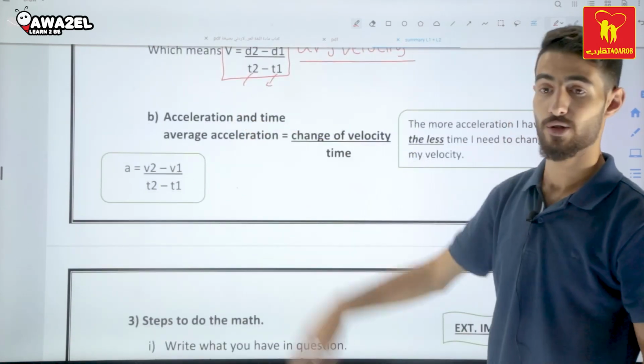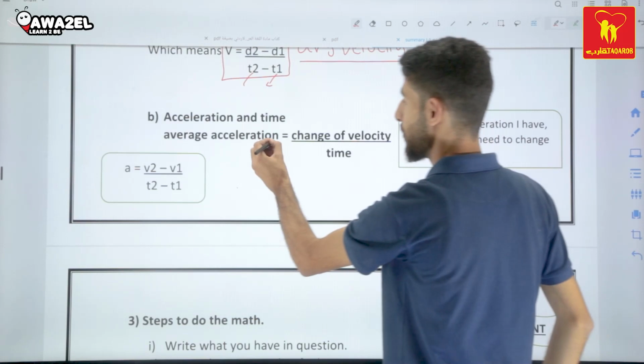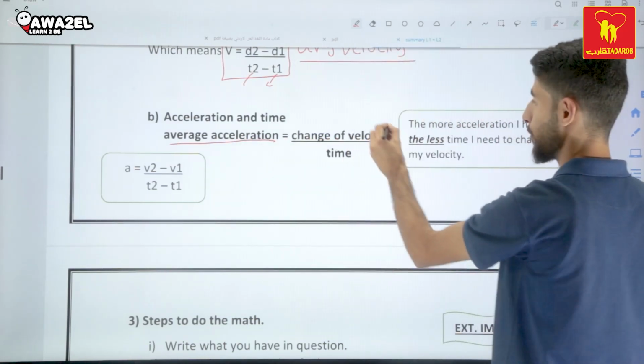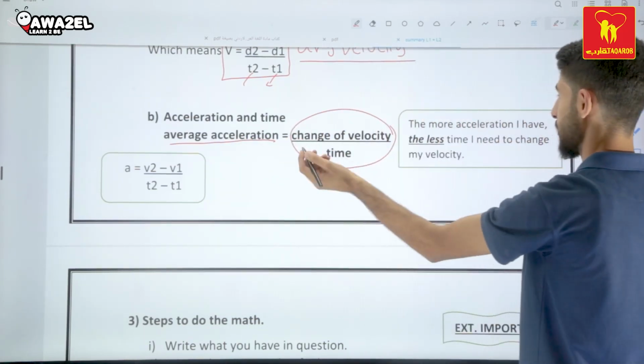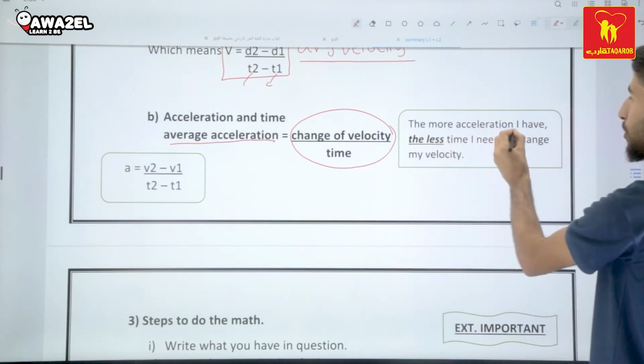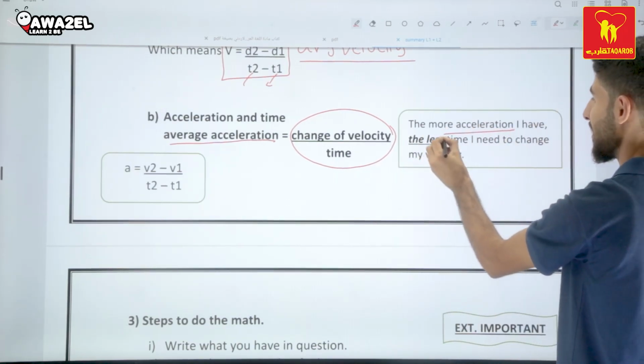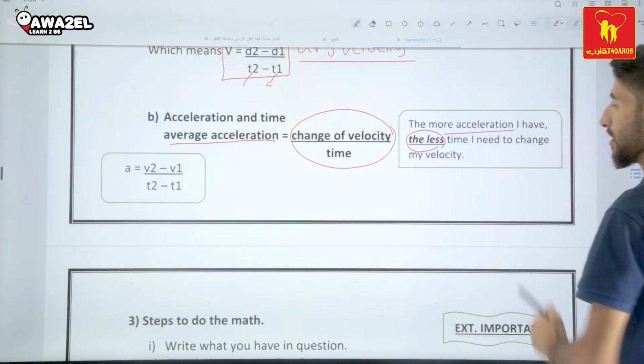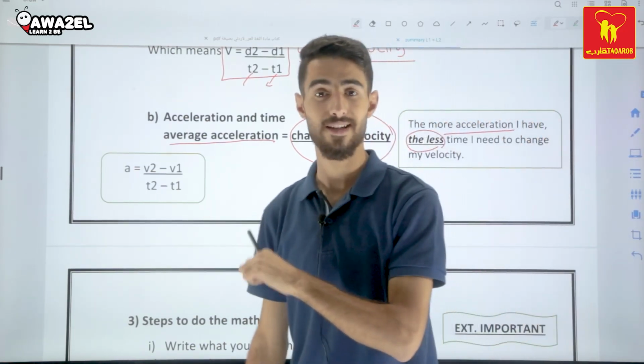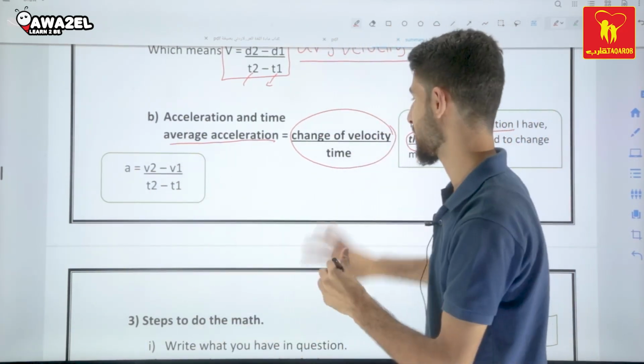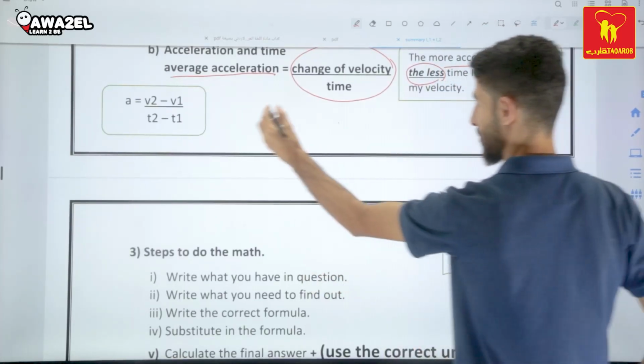Second, acceleration and time. Average acceleration equals change of velocity over time, which means the more acceleration I have, the less time I need to change my velocity. And we had an example for this. Remember the car we took?